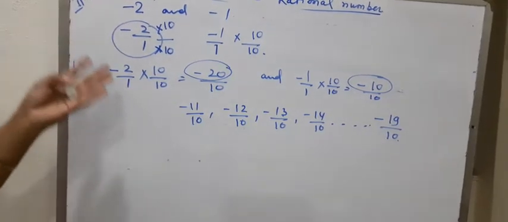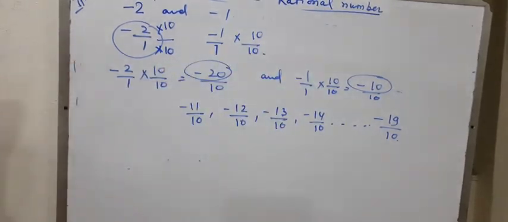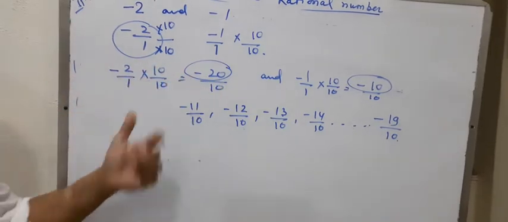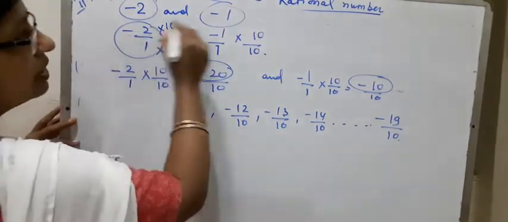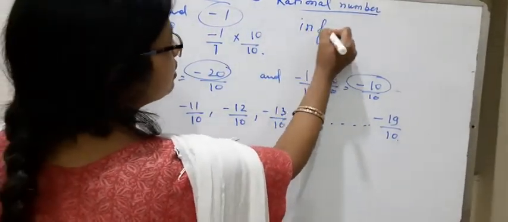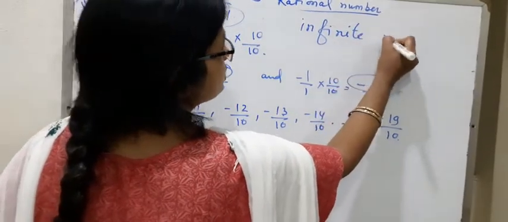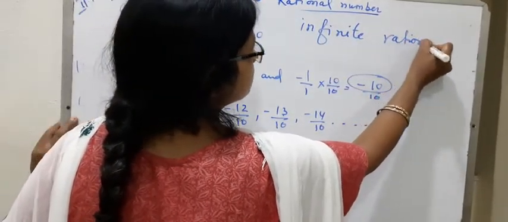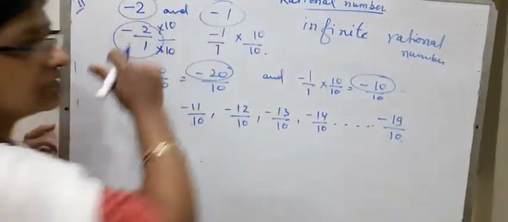If we multiply by 100 by 100 in both numerator and denominator, then we get even more rational numbers between them. So we can find infinite rational numbers between any two integers or two rational numbers.